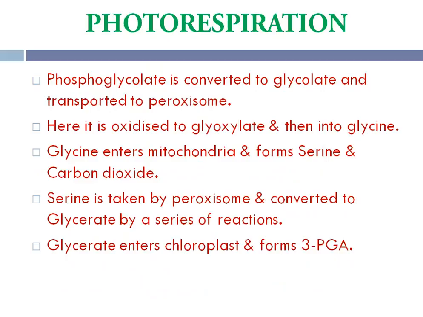Now glycine enters into mitochondria and forms serine and carbon dioxide. Serine is taken further by peroxisome and converted to glycerate by a series of reactions. Glycerate now enters chloroplast and forms 3-PGA.